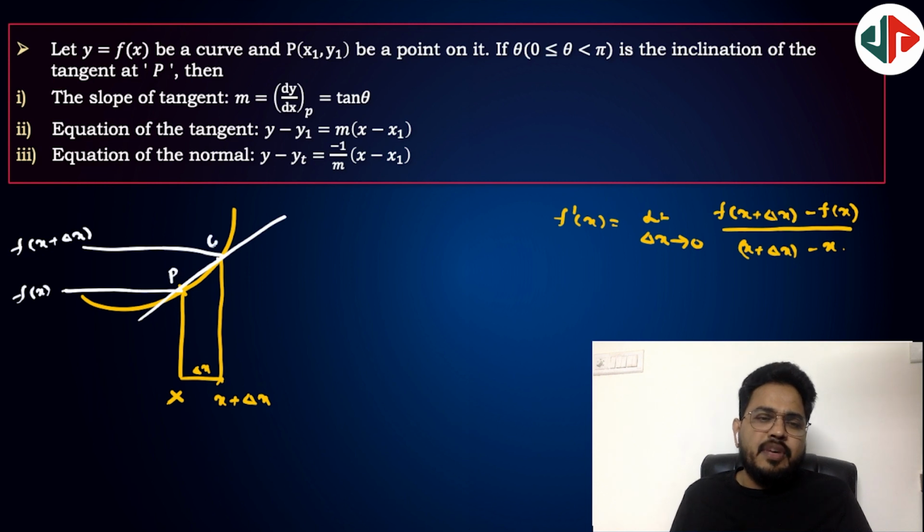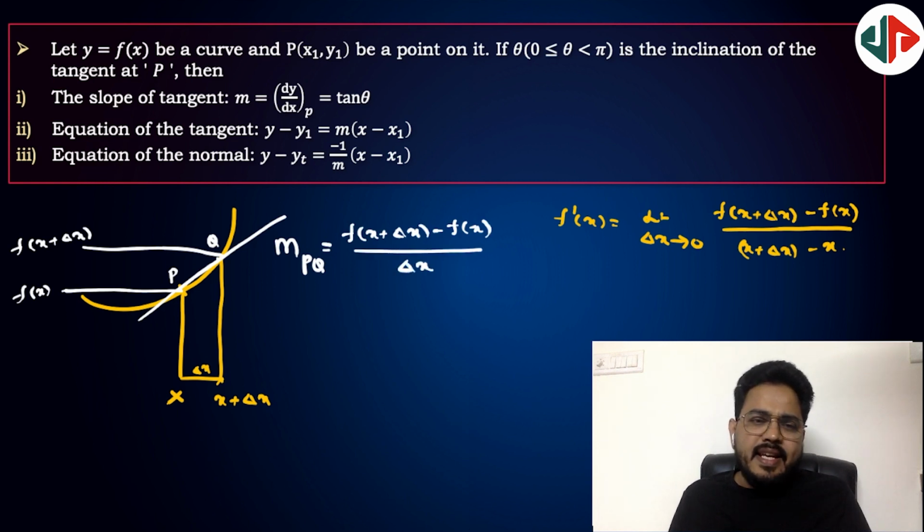So the slope of PQ is equal to f of x plus delta x minus f of x, by delta x. If this delta x tends to 0, approaching closer to this point, this chord becomes a tangent. This delta x may be on this side or this one. So you are going to get a tangent here.